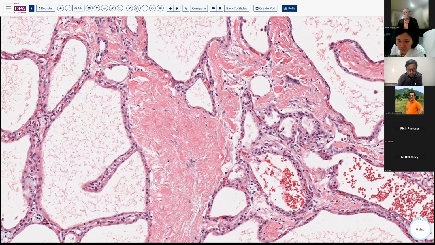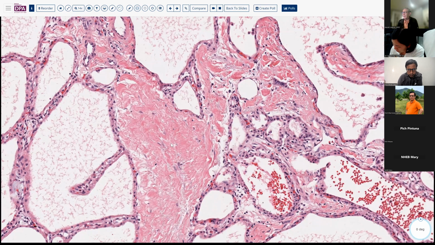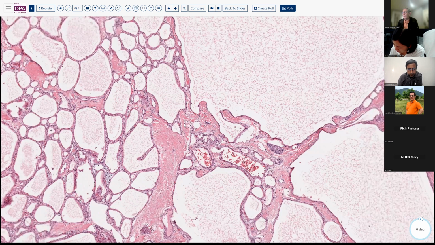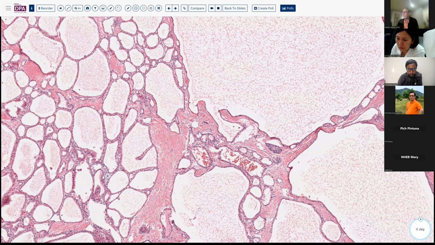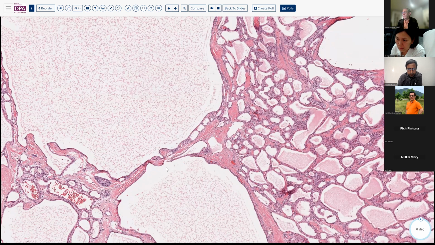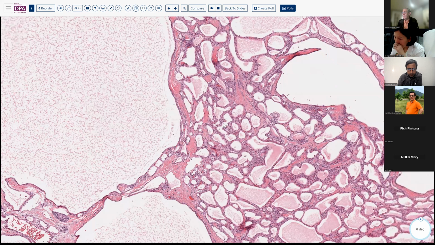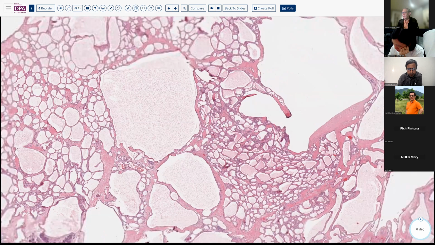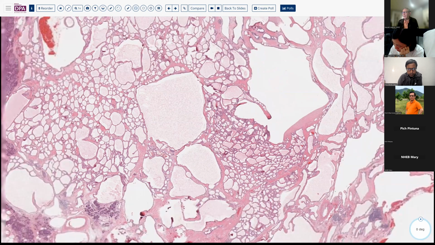And this very collagenous matrix is common. And oftentimes that's what is the giveaway from the radiographic standpoint, is this more central scarred area. It's uncommon for these lesions to have an associated endocrine element, but on occasion that has occurred. And I think I have an example of that a little bit later on.